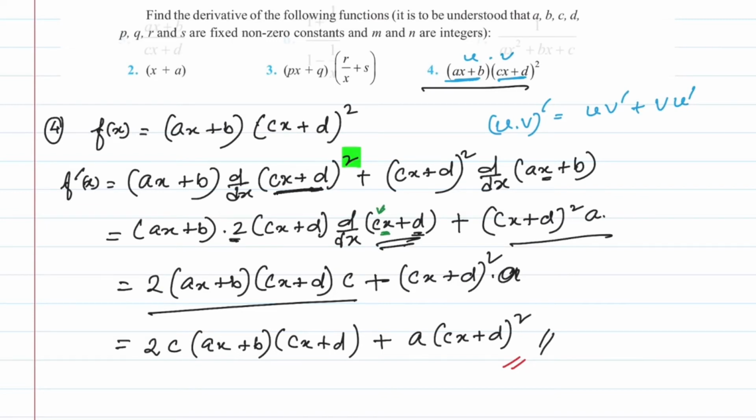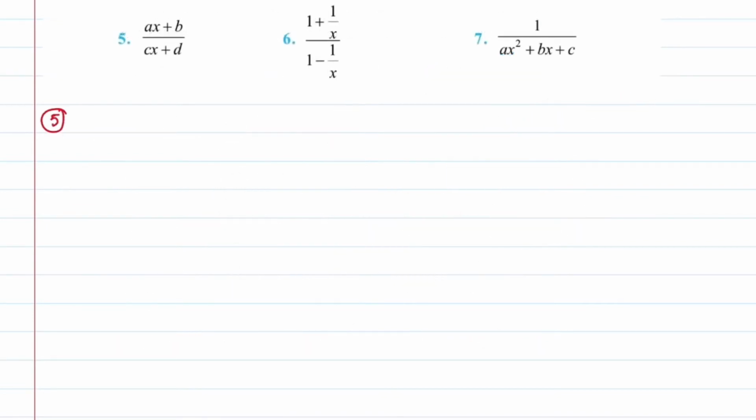Now let's move on to the next question. So here the given function is f of x equal to (ax plus b) by (cx plus d). Now here you see, you can assume this one as u and this one as v.